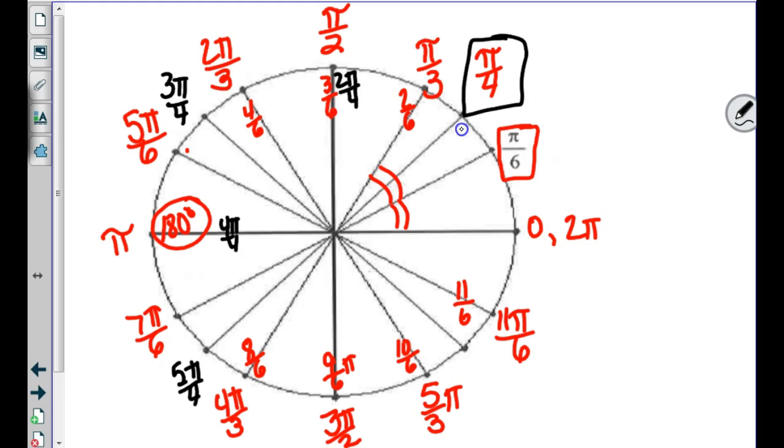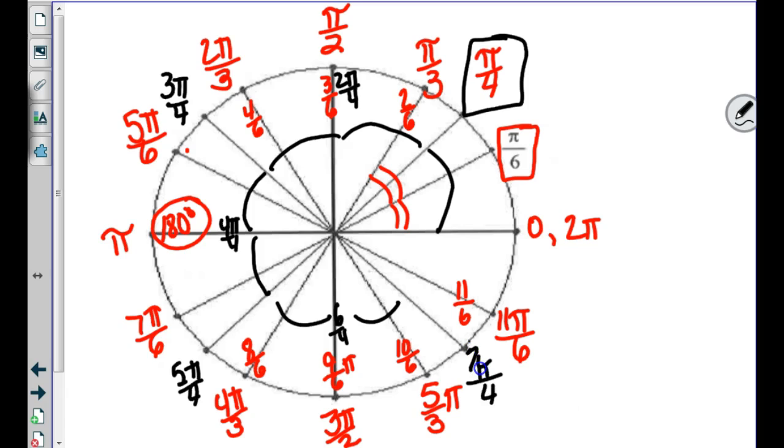Okay, what we're doing is we're talking about this much change right there. 1, 2, 3, 4, 5 pi over 4. 6 pi over 4 would be here, which we already have. And then this one is 7 pi over 4. And then 8 pi over 4 would be 2 pi. All right, do you feel like you can do the degrees and the radians? Yes.